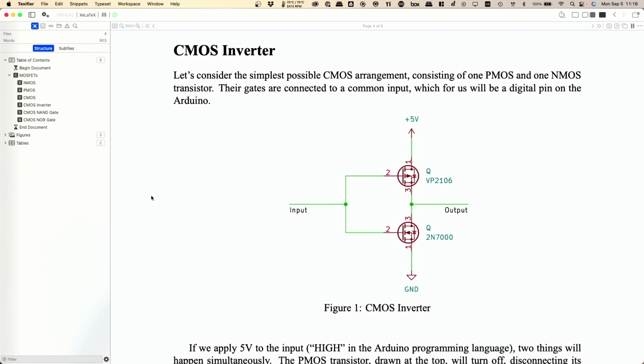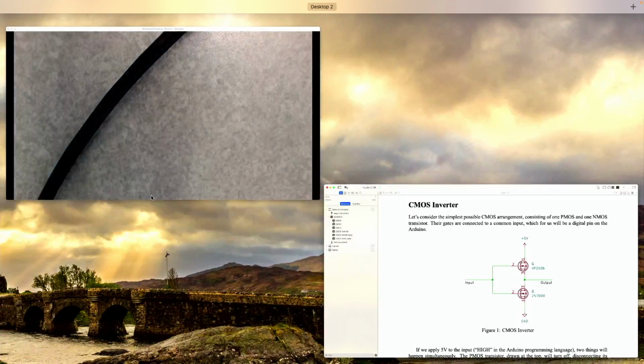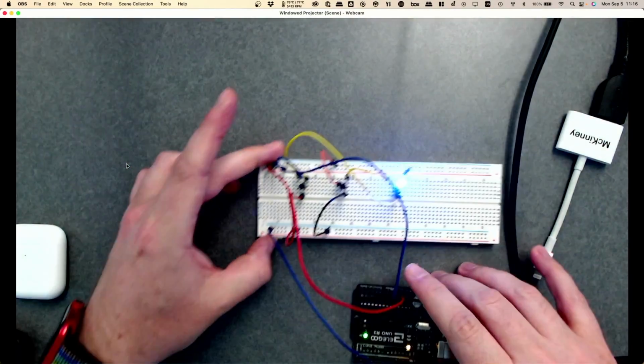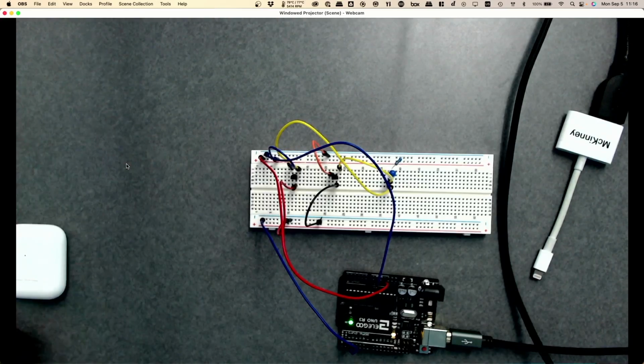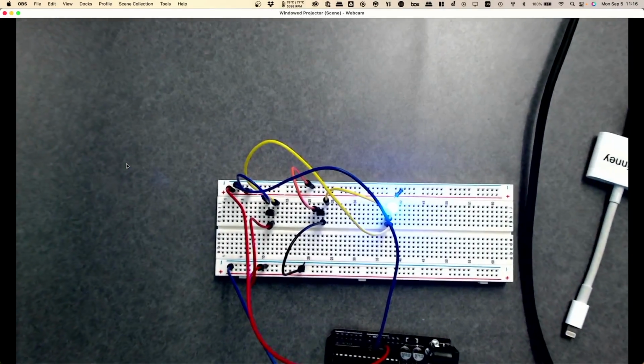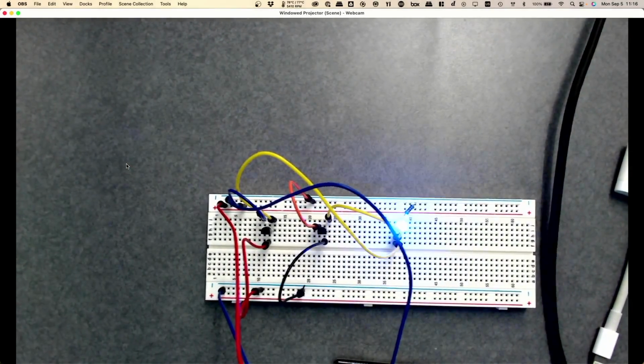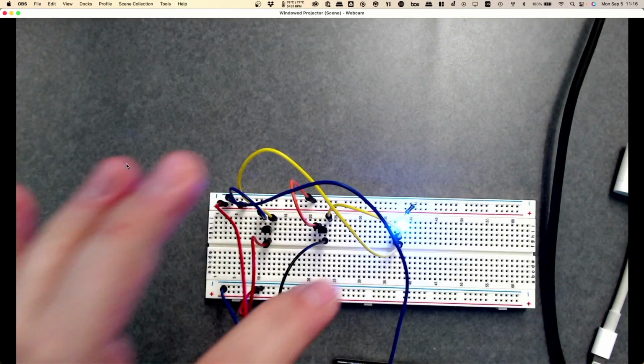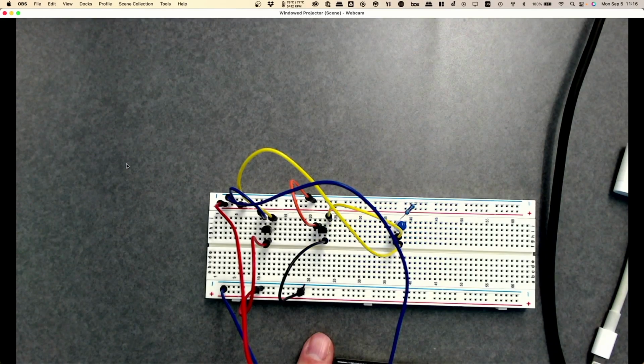Let me come over to the camera and get it somewhat focused. So I've got my version of it here. It's a little hard to see because, of course, you need a lot of wires to make this work. But I've got my PMOS here and my NMOS to the right of it.